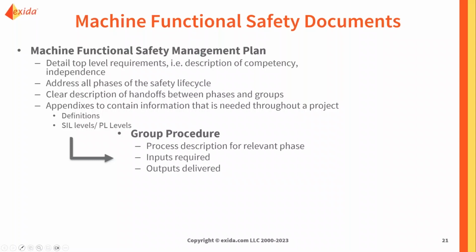That's certainly something that we want to define: exactly what needs to go into it, what sort of outputs are expected, whether those outputs are generated by internal personnel or whether that is a step of the machine safety lifecycle that is delegated to a trusted third party, knowing exactly what that output should look like, what needs to be provided as part of it.